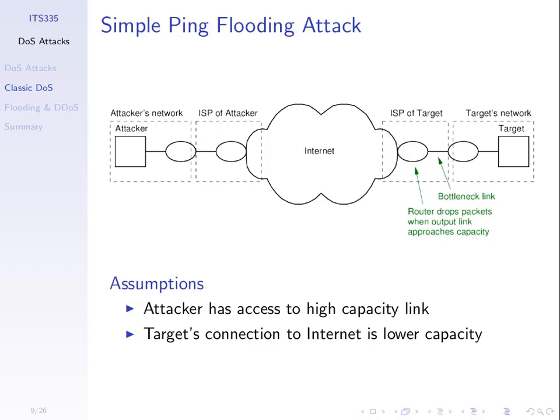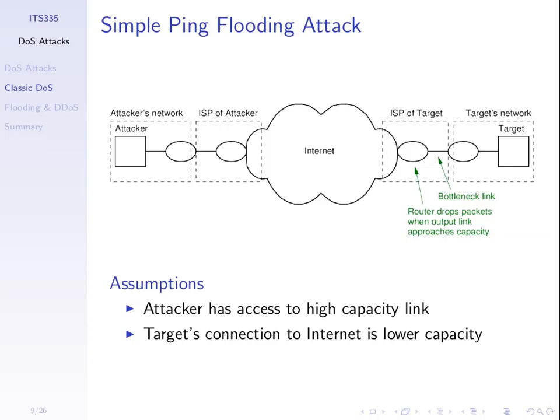And the attacker, they also connect to an ISP, but it's faster than the target's. That may not be so realistic, but we'll come back to that in a moment. So this is the bottleneck link. What the attacker tries to do is to send enough packets to the target such that this bottleneck link is overloaded. It has some capacity.